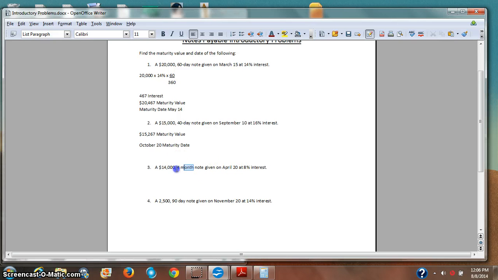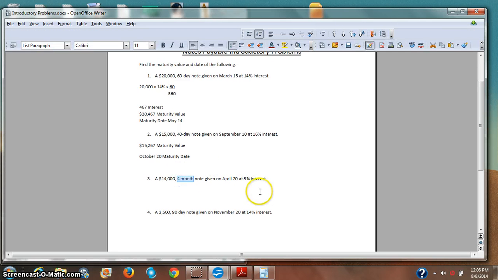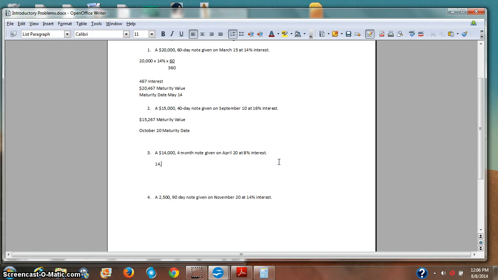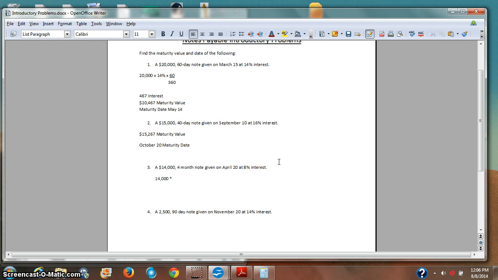This one's a little bit different because I've got months instead of days. So, first of all, for the fraction, let me write this on here. $14,000 times the interest rate, which is 8%, times another fraction, 4/12. Let me put that on there.